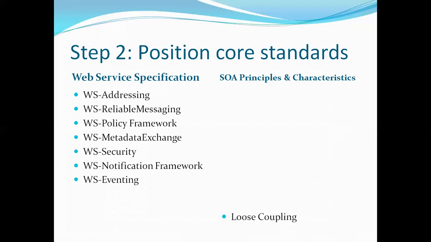The specifications are addressing, reliable messaging, policy framework, metadata exchange, web service security, web service notification framework, and web service eventing. For addressing, identify the message exchange pattern for each and every candidate service. Then identify the reliable messaging characteristics for the identified candidate service, then the policy framework and metadata exchange.